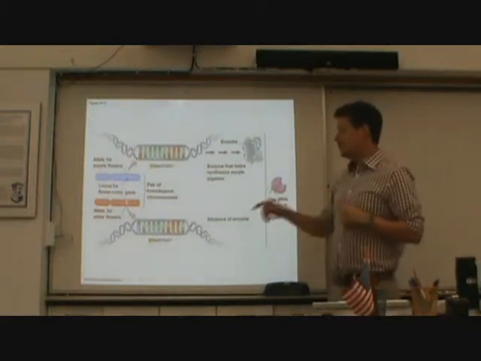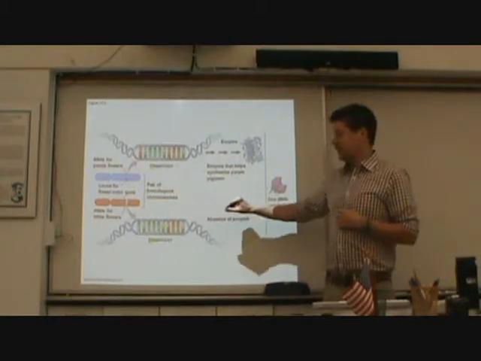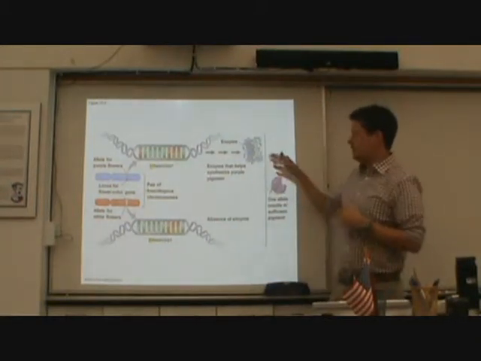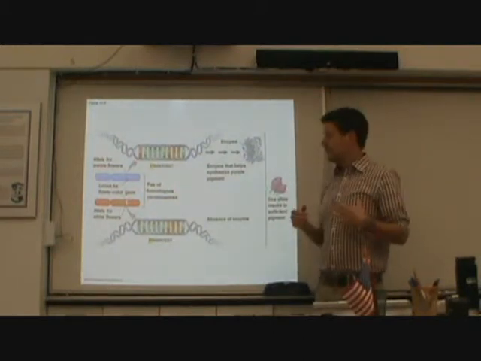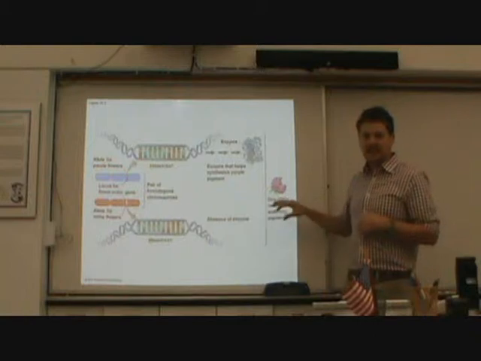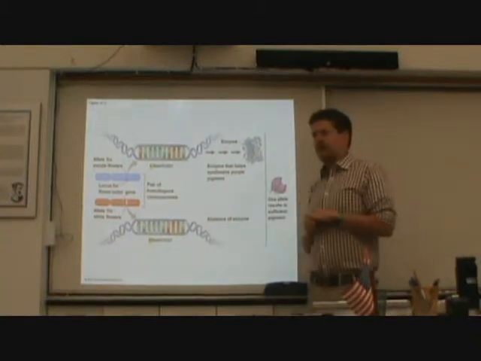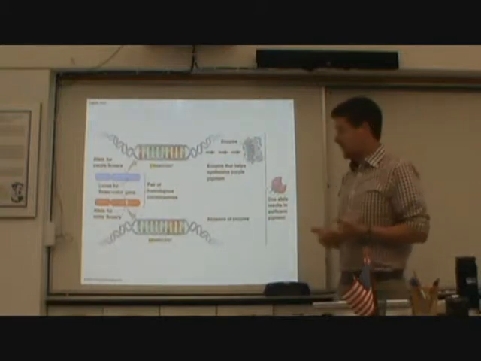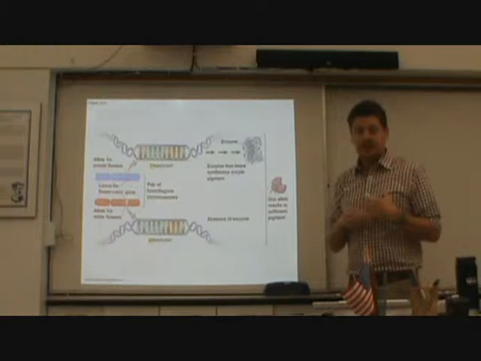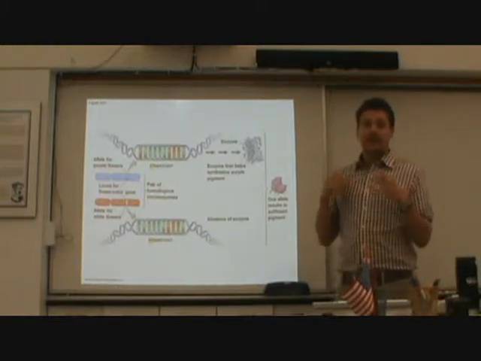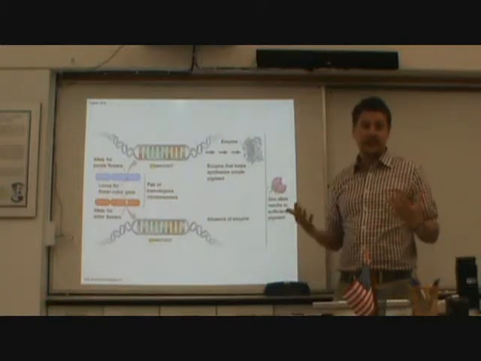So that tiny little difference, that small mutation, essentially means that that gene, which happens to encode an enzyme that helps to synthesize the purple pigment, can't produce that enzyme. Either that gene isn't being transcribed because of that, or the gene is being transcribed and translated, but it creates a non-functioning enzyme.